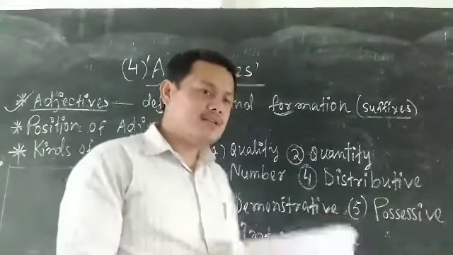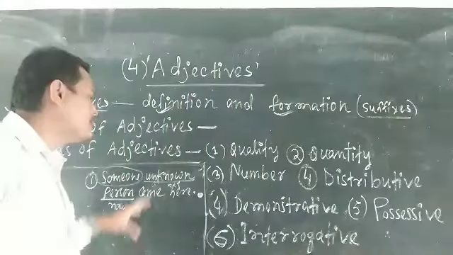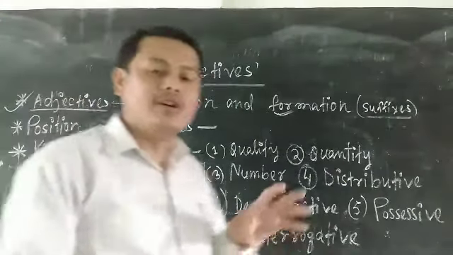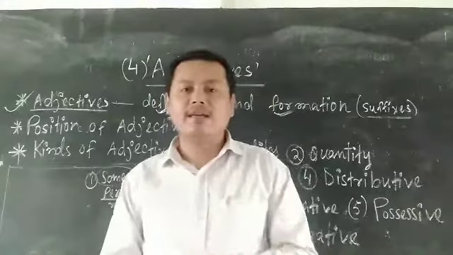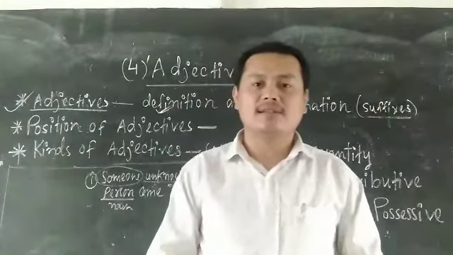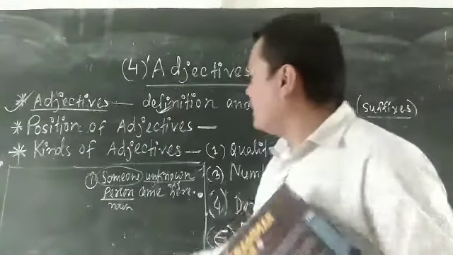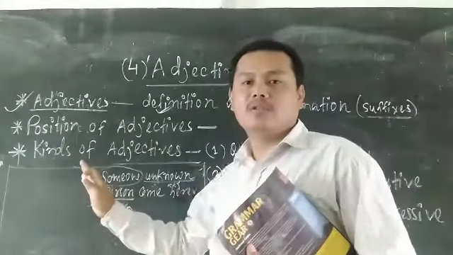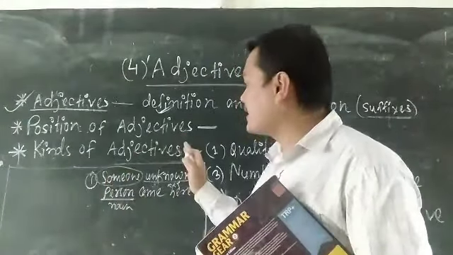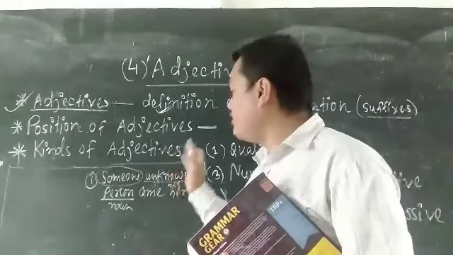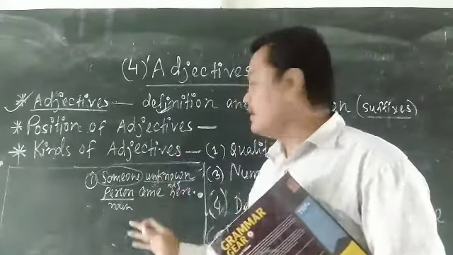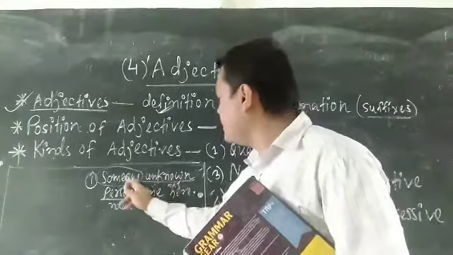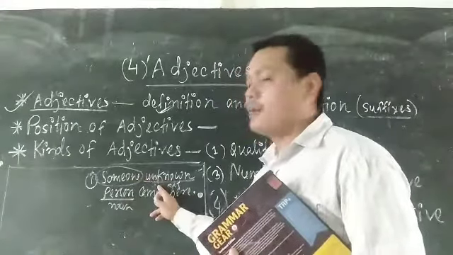So these two are the main rules of using adjectives in sentences. First, adjectives are often used before the noun which they modify. And secondly, if indefinite pronouns are there in a sentence, then adjectives are used immediately after them.